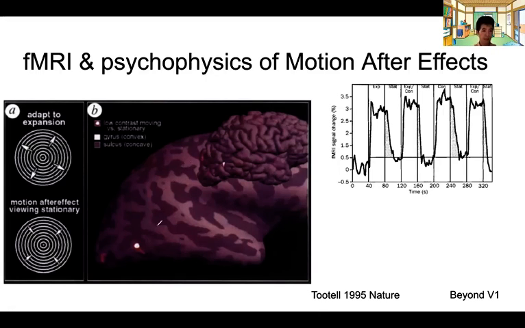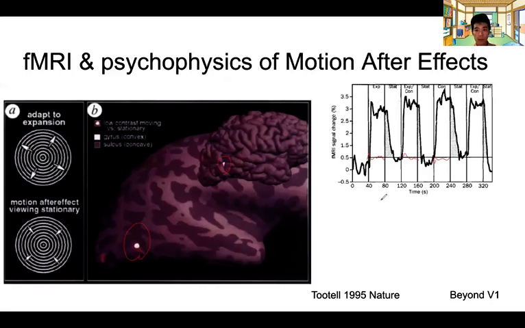What he did was first to locate the area MT in this inflated brain, in subjects from the right visual field, and then he asked people to adapt to this expanding motion for roughly 40 seconds, or contraction or expansion. And then after that, he put the stationary stimulus on for 40 seconds again, and looked at the motion aftereffects from the subjects.